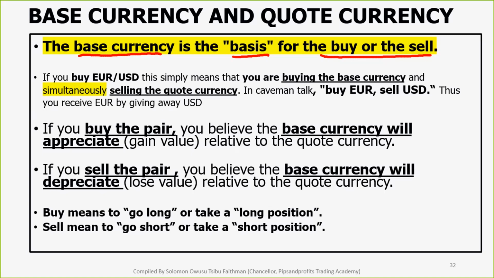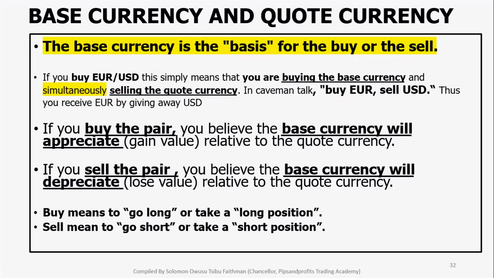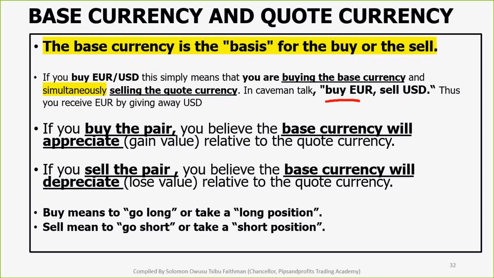So in caveman talk, we say buy euro, sell USD. You are buying the euro and you are selling the USD. That is when you are buying the euro USD.